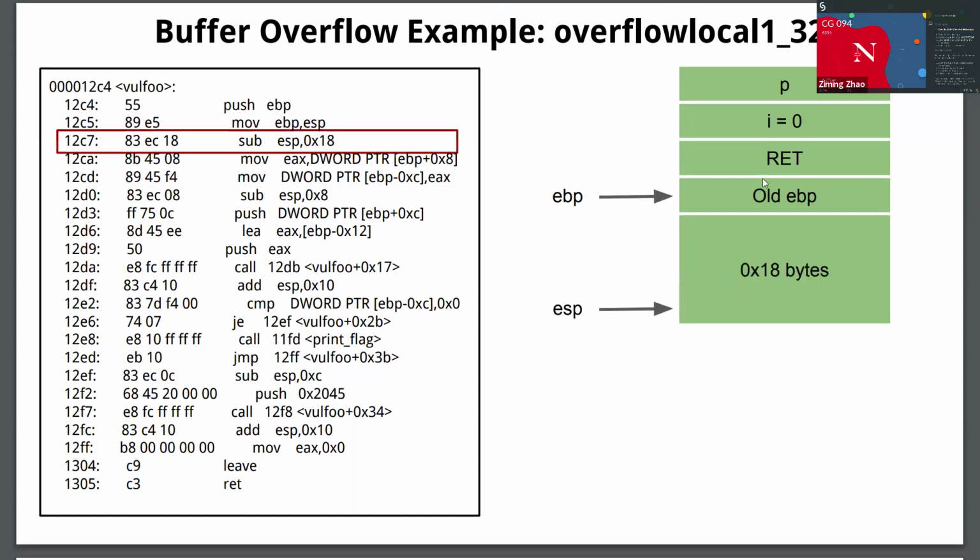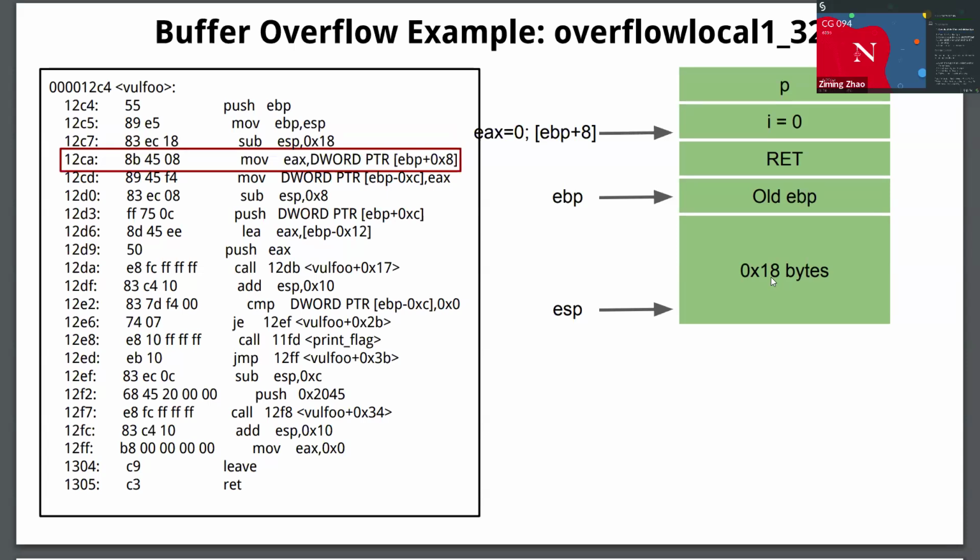The next one, we subtract a constant, hard-coded value from ESP, which in this case is 18 bytes. No, 18 in hex, which is 24 bytes, yeah, 24 bytes.